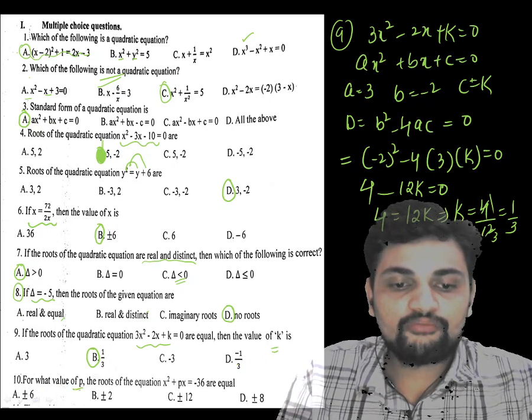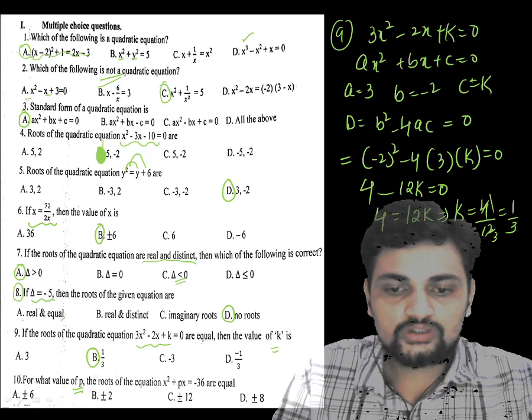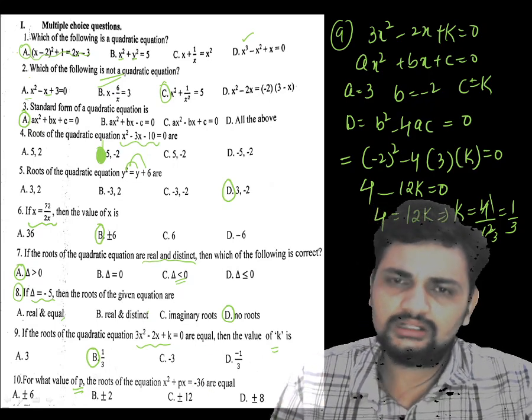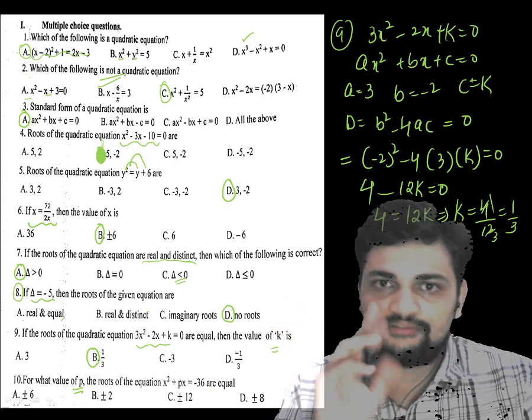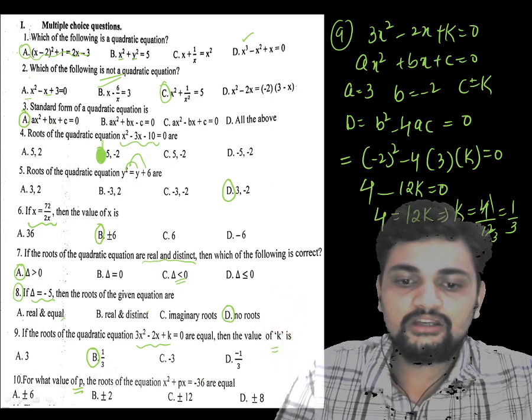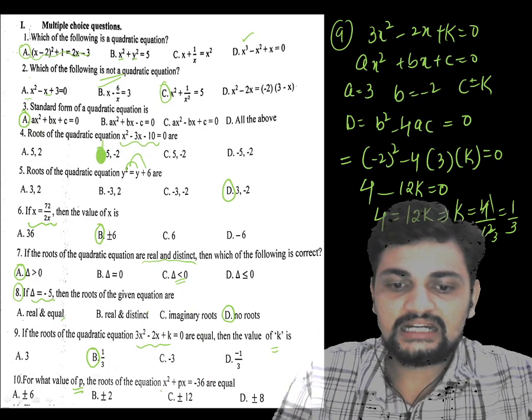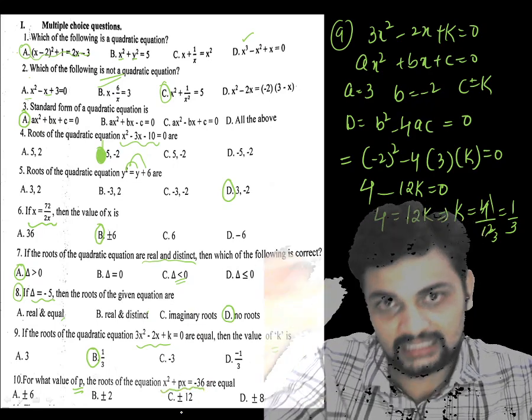Now moving to the last question. For what value of p the roots of the given equation are equal? The 10th question is again similar to the 9th question. You have to find out the a, b, c values, but before that you have to adjust this to the standard form of a quadratic equation before you take the coefficient values.